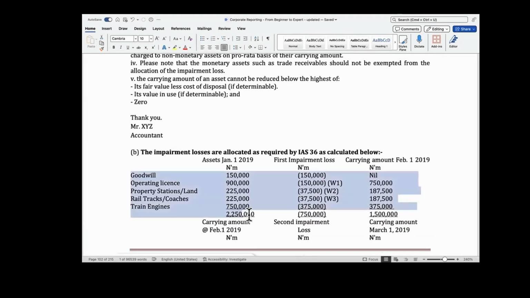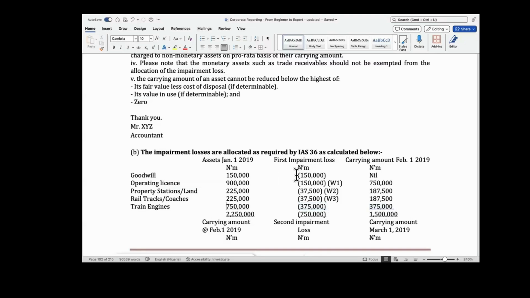These are the carrying amounts of each of those assets. First is the train engine that got damaged. The total value is 750, but only one got damaged. So we allocate the entire 375, we totally write off that, remaining the one train engine.